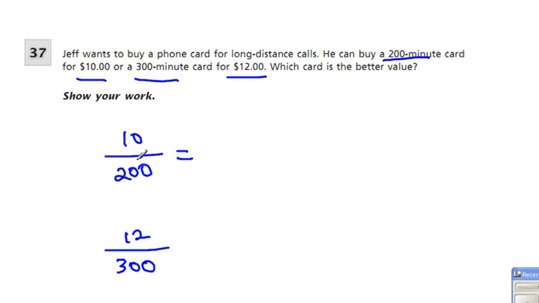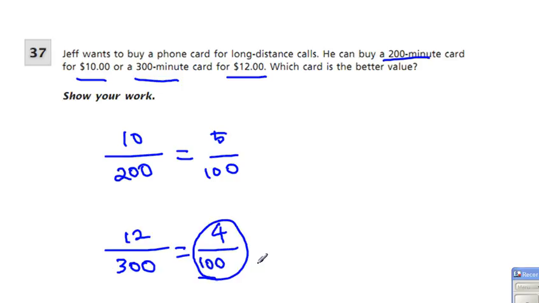When you try this one, you will realize that I can divide by 2, then we get 5 over 100. That means it takes $5 for every 100 minutes. Here, this one, when you divide by 3, top and bottom, we get $4 for every 100 minutes. So therefore, it seems that this must be the better value right here.